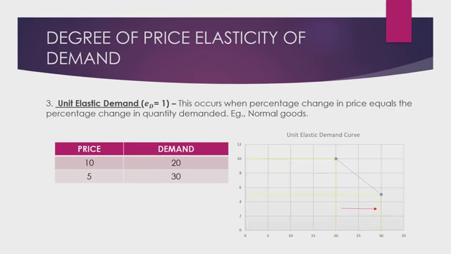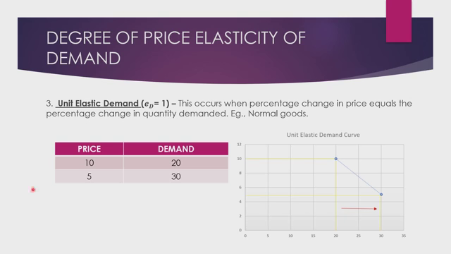The third one is unit elastic demand. Unit elastic demand is when the percentage change in the price is equal to the percentage change in the quantity demanded. That means a proportionate change in the price of a commodity changes the quantity demanded of that commodity equally.